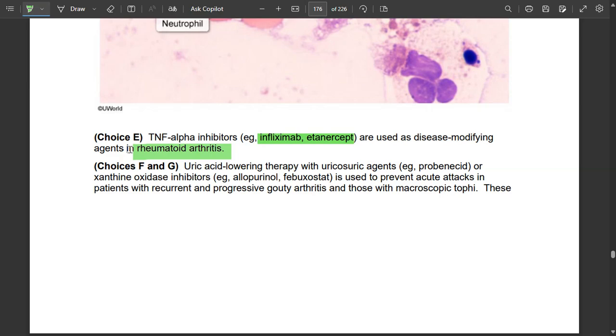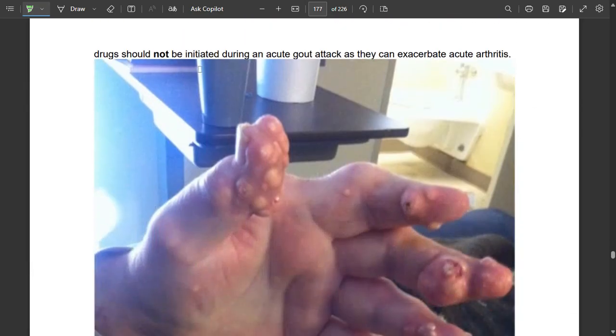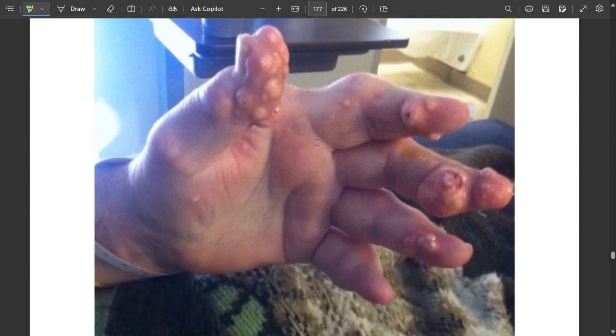Probenecid is a uricosuric agent. These should not be initiated during an acute gout attack as they can exacerbate acute arthritis, so they are not used during the attack itself.